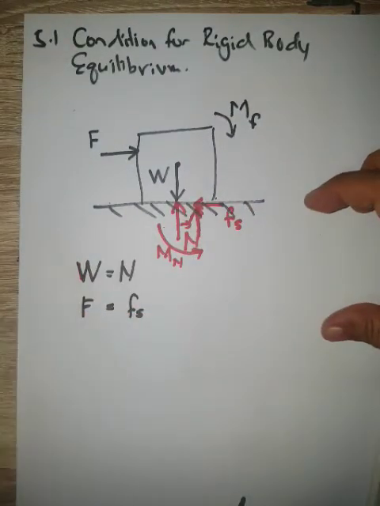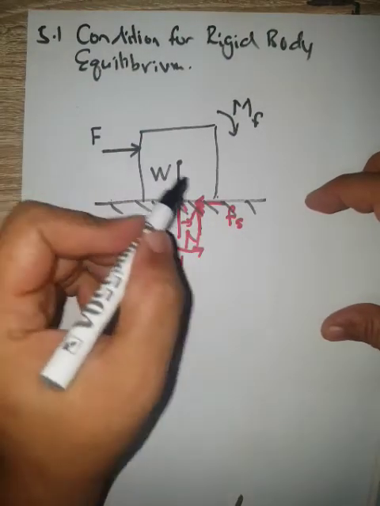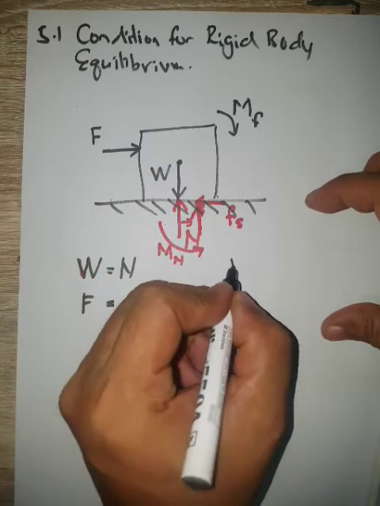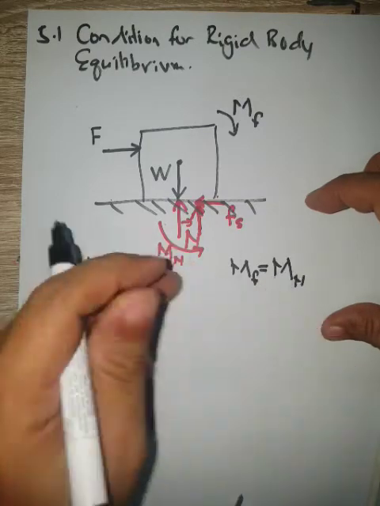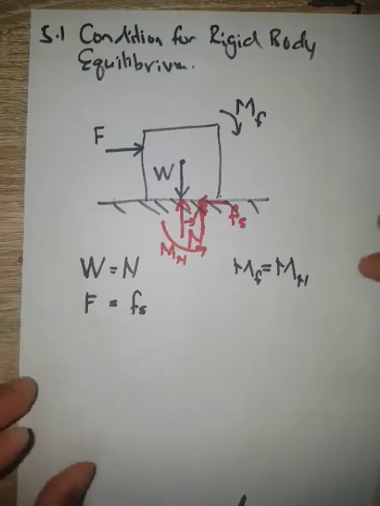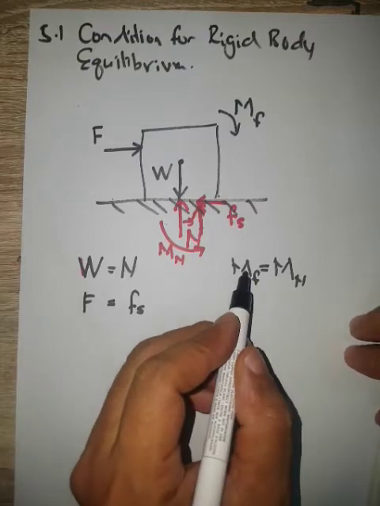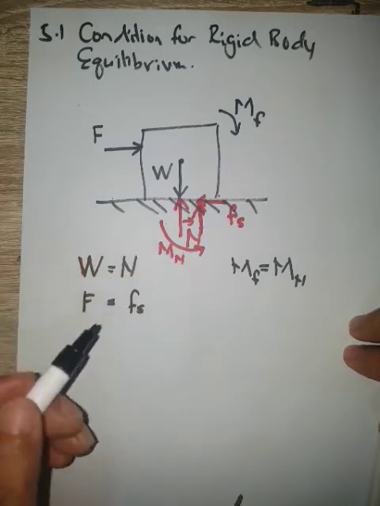Here we must understand that the moment produced by the force and friction force, and the moment produced by the weight and the normal force, Mf must be equal to Mn. So this box will not move left or right, will not move up and down, and also will not rotate, because the moment Mf clockwise equals the moment Mn counterclockwise.